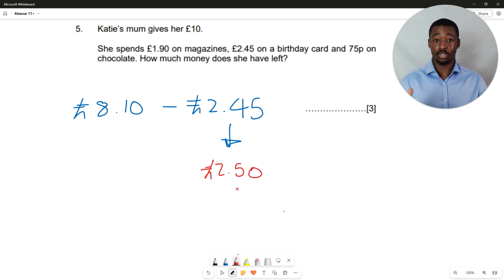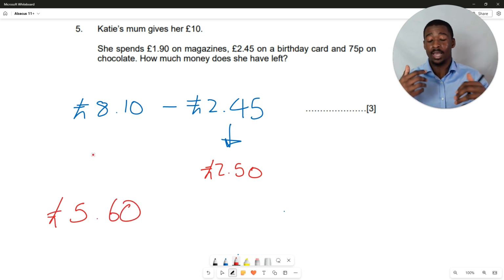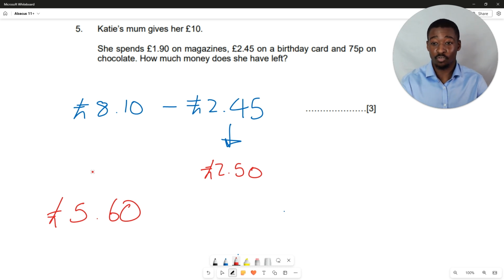Well, £8.10 minus 2 whole pounds is going to be £6.10. But then minus the remaining 50 pence, and we're going to get not £6.10, but £5.60. Right? We got £6.10 and we take away an extra 50 pence from the amount.